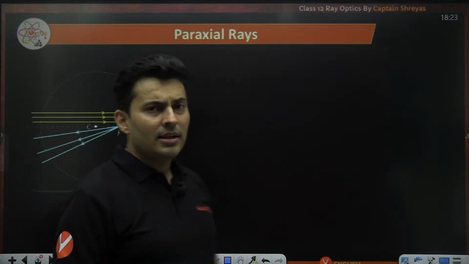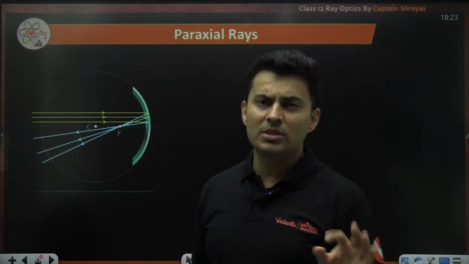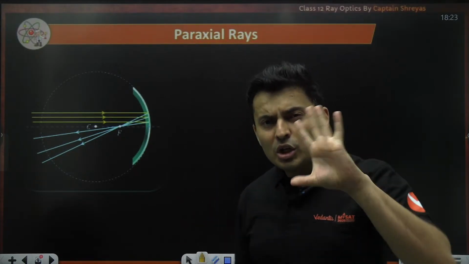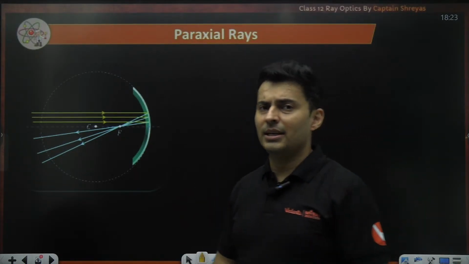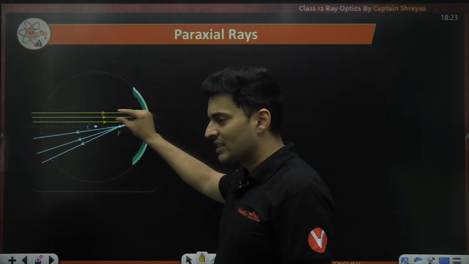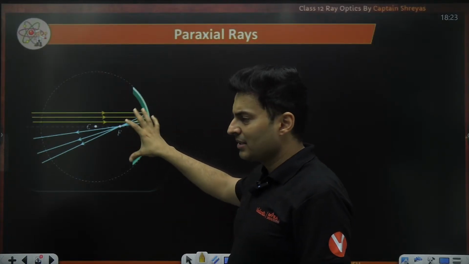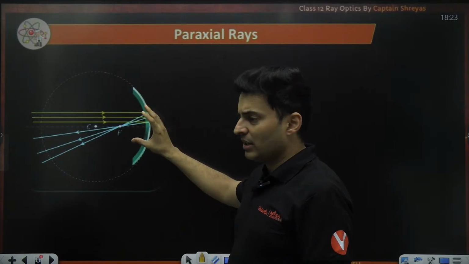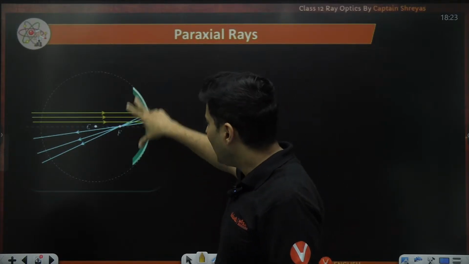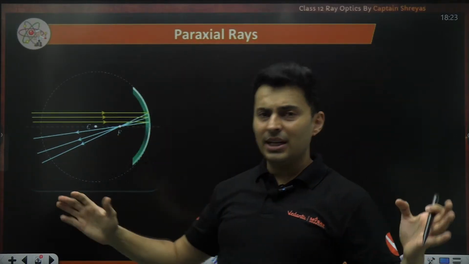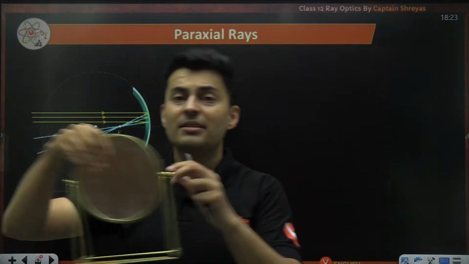Lastly, whenever we discuss image formation, the size of the aperture, the size of the objects, images, and so on, you will notice that most of the time the objects are quite small as compared to other things, like the radius of curvature. Also, we do not take very big apertures.